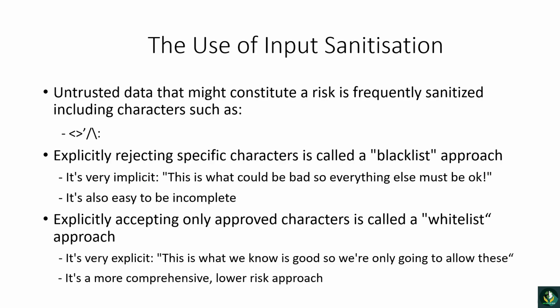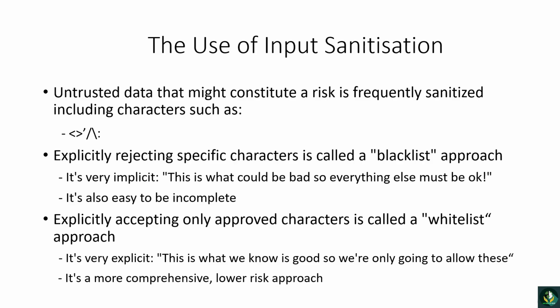A far more explicit way of implementing sanitization is to use what I would refer to as a whitelist. Previously we talked about the blacklist, so this is the whitelist approach, and a whitelist is effectively the inverse of a blacklist, where we say this is what we trust, and anything else we are going to reject.